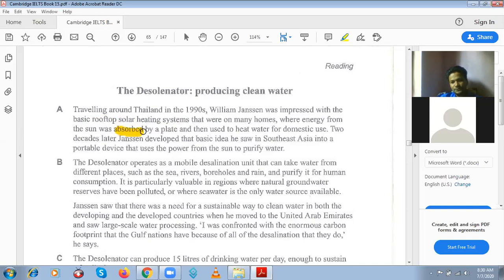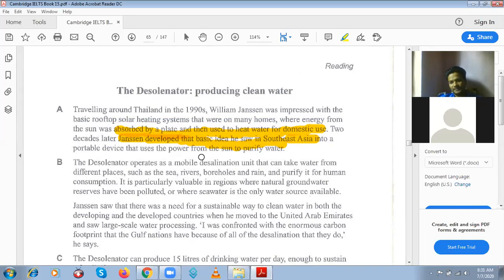Two decades later, 20 years later, Jensen devised the basic idea he saw in Southeast Asia, and made it into a portable device that uses power from the sun to purify water. So first he saw, then later he made the device.